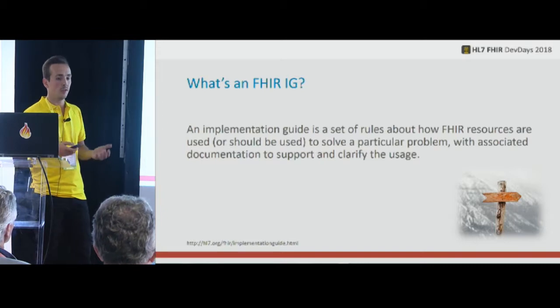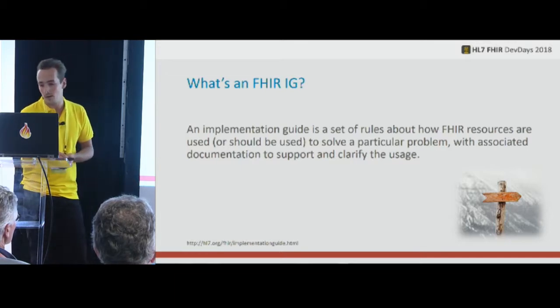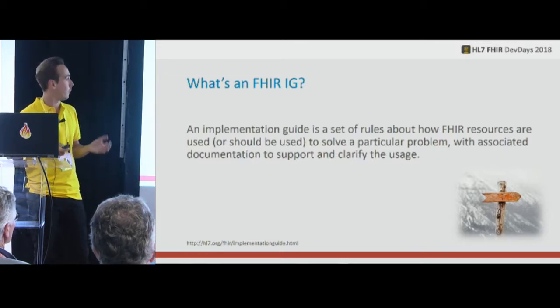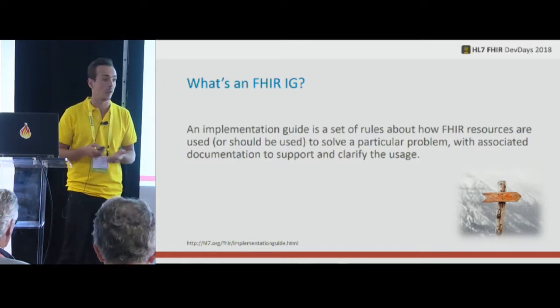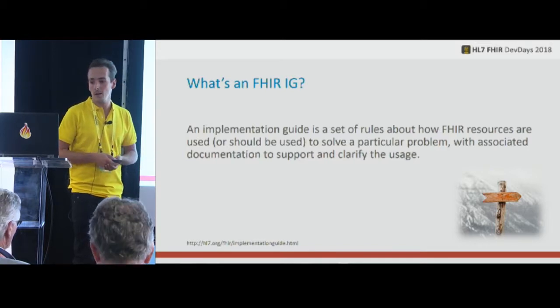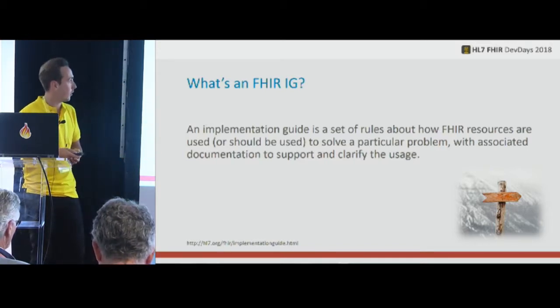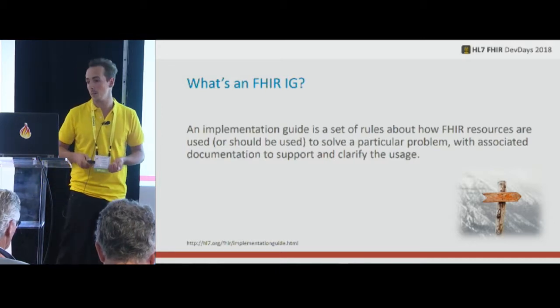So your implementation guide is actually the wrapper around all the resources and all the stuff you want to include. And you bind it together and you bring it as a human readable form and in some understandable way to the implementers. So here's actually the definition that is part of the implementation guide resource on FHIR.